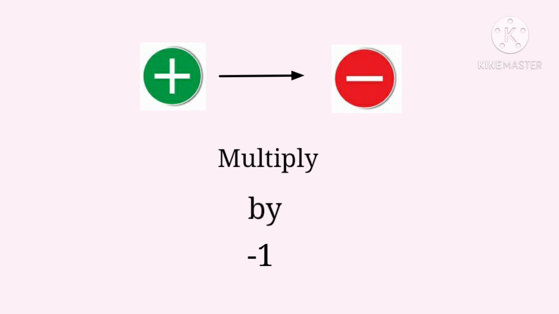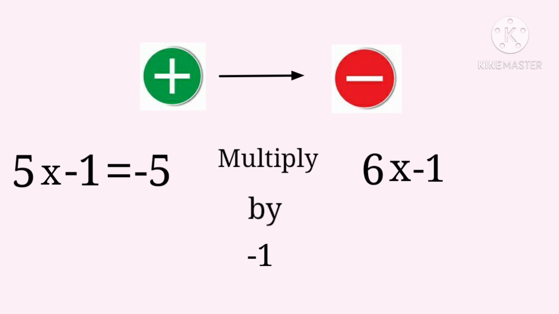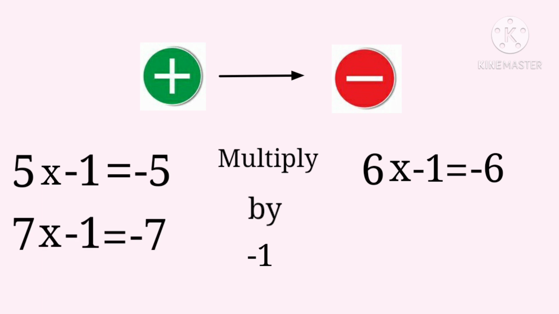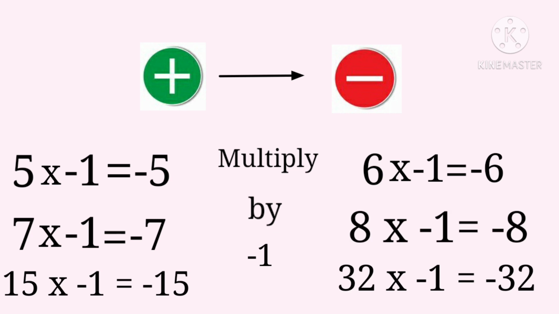For example, 5 times -1 is -5. 6 times -1 is -6. 7 times -1 is -7, and so on.